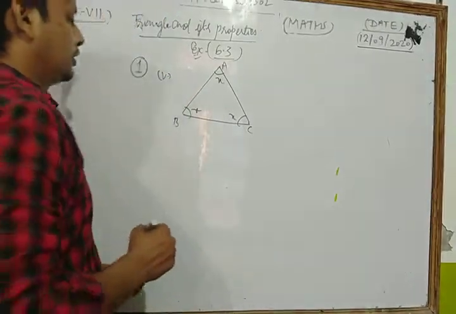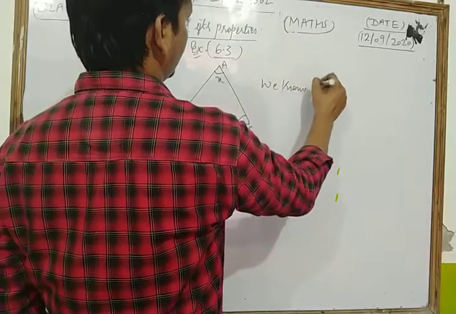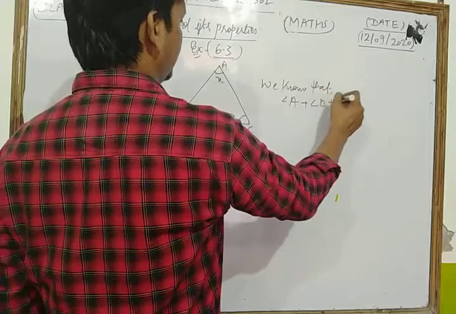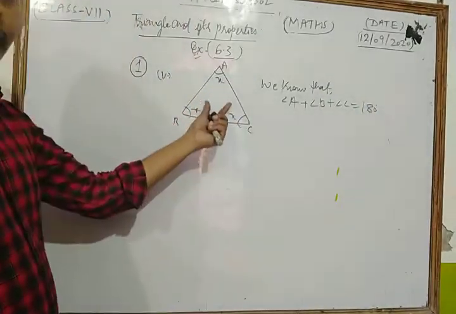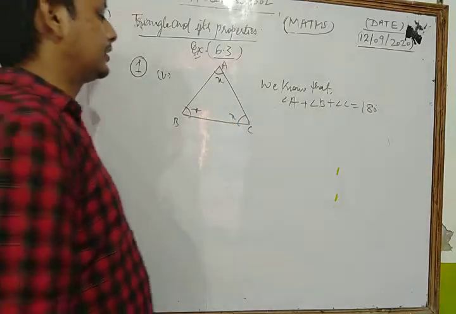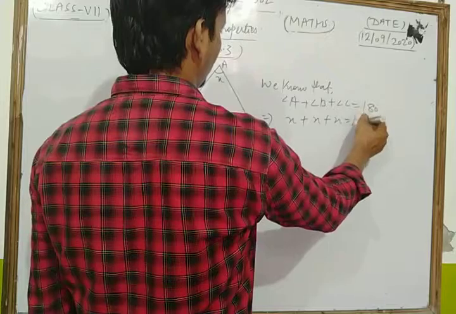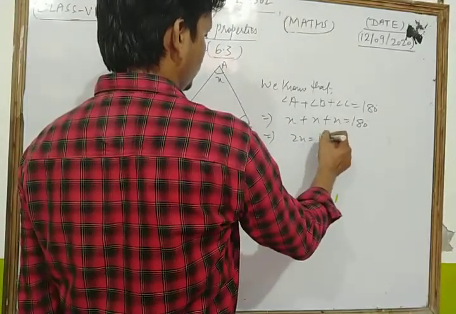Let's see. First we know that angle A plus angle B plus angle C is equal to what? 180. Now we put in the value of each angle. We have x plus x plus x is equal to 180. So we have 3x is equal to 180.